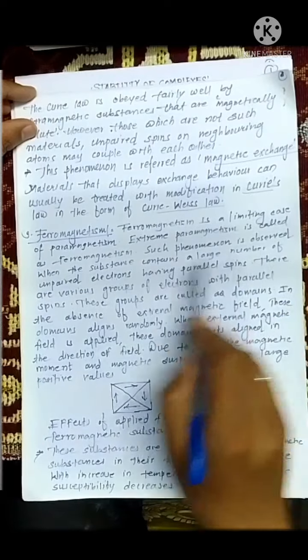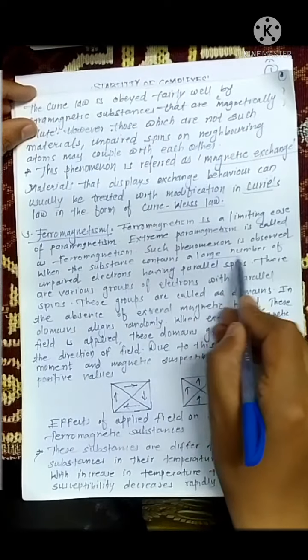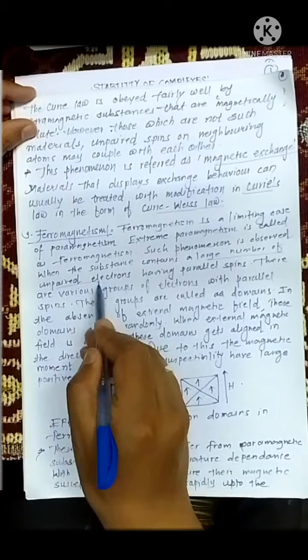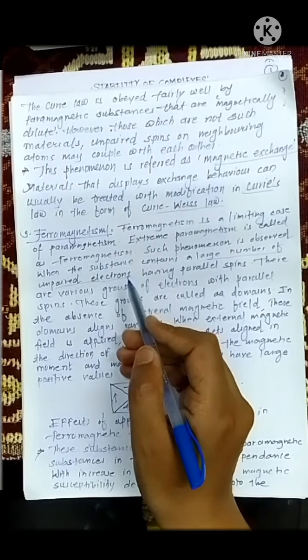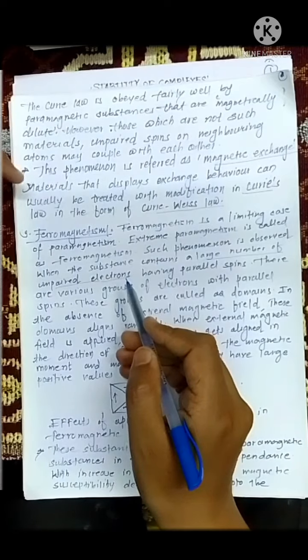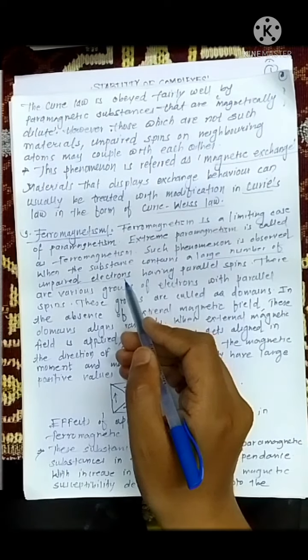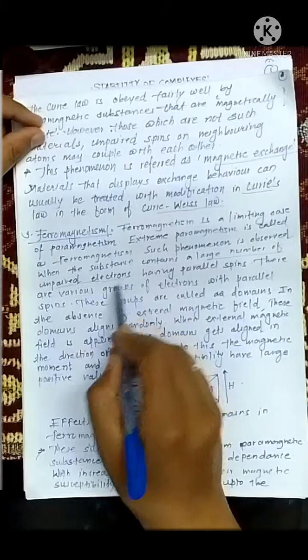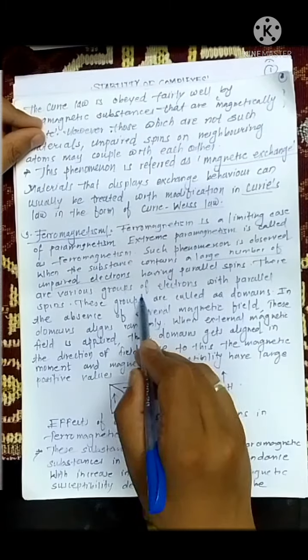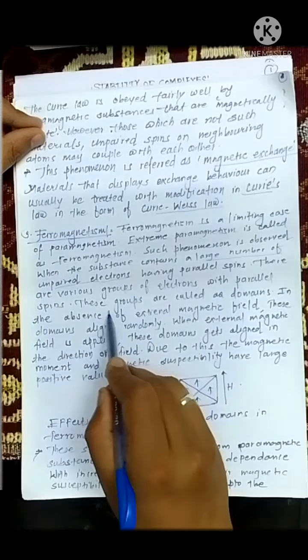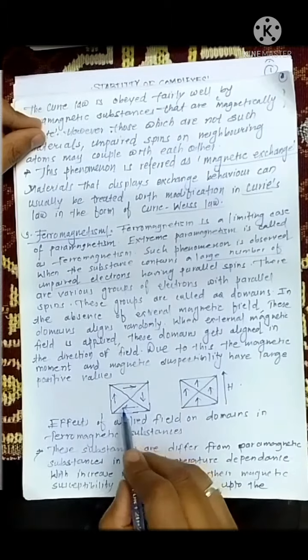Such a phenomenon is observed when a substance contains a large number of unpaired electrons. For a paramagnetic substance, at least one electron should be unpaired, but for ferromagnetism, a large number of unpaired electrons having parallel spin should be present. There are various groups of electrons with parallel spin. These groups are known as domains.